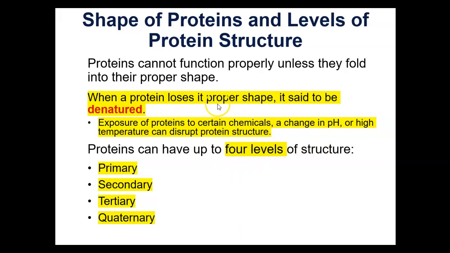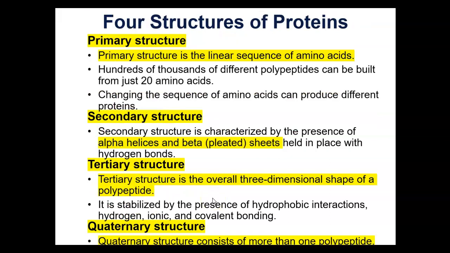So when a protein loses its shape, it's said to be denatured. Certain chemicals, changes in pH or high temperature can denature a protein. And proteins that are fully mature can have up to 4 levels of structure: primary, secondary, tertiary, and quaternary.